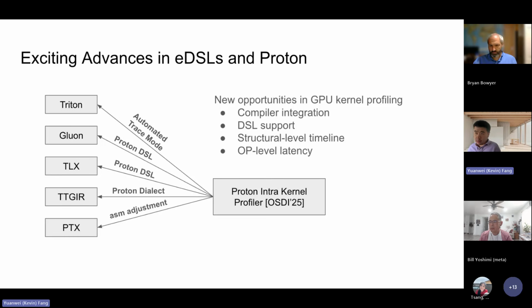So you can go one level deeper and learn more about synchronization and this low-level GPU knowledge and get some performance boost. On the other hand, on the profiler side, we have some joint work with OpenAI, especially Keren, on this Proton intra-kernel profiler that offers some unique perspective in the profiling space.